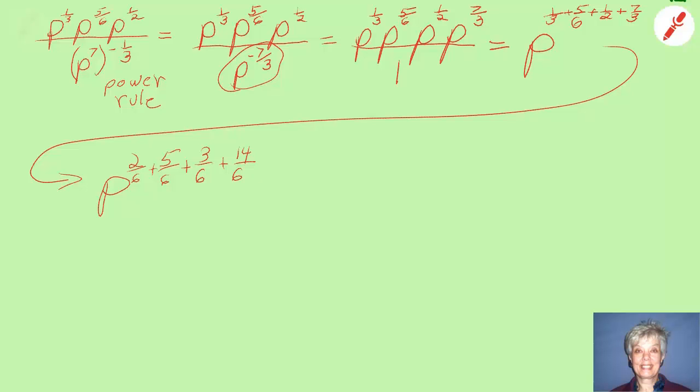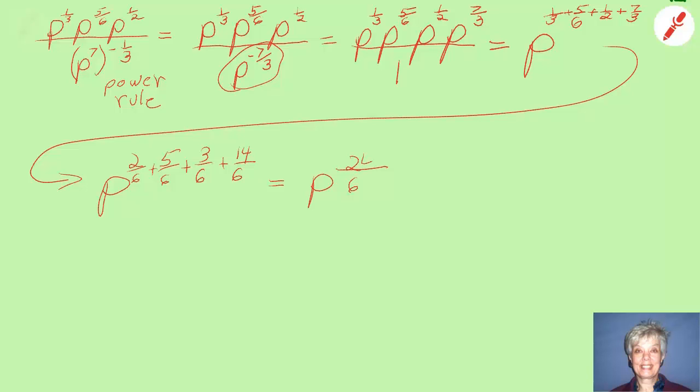I have base p raised to the powers 2/6 plus 5/6 plus 3/6 plus 14/6. I'm going to add these up. So I'll have p to the 2 plus 5 is 7, plus 3 is 10, plus 14 is 24.